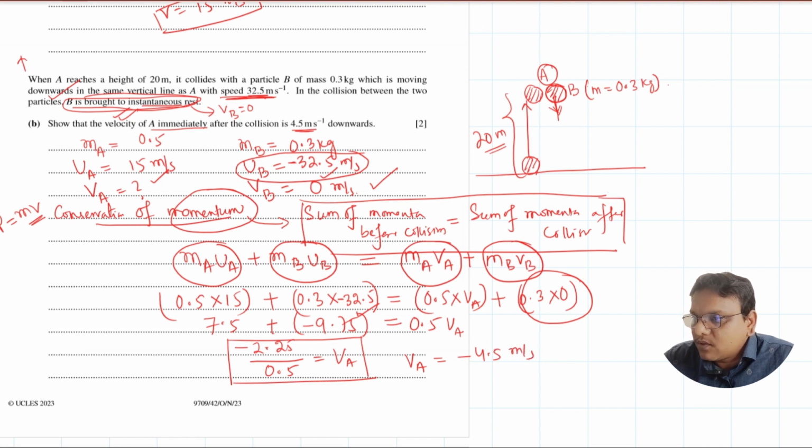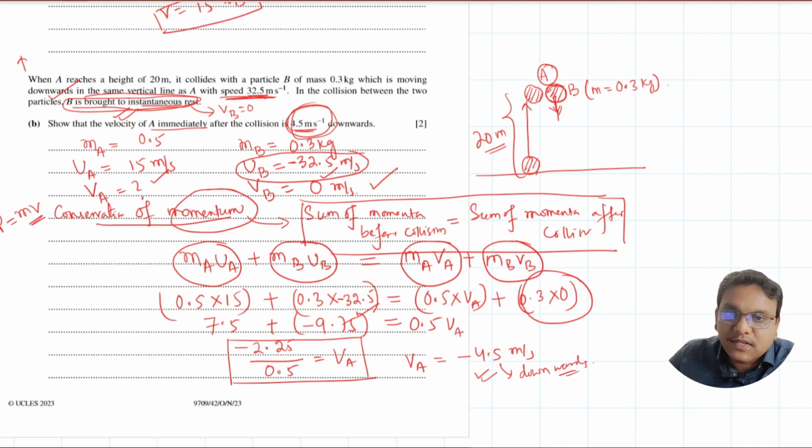It was a question where we needed to show the speed of A immediately after collision, and we got minus 4.5 meters per second. And this minus sign defines that the particle is moving downwards. Got it, everyone? So the negative sign means downward movement.